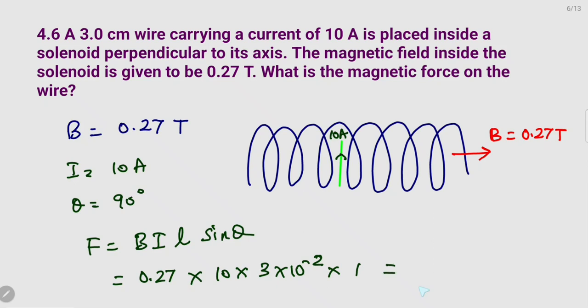That's it, it's a simple substitution. So you'll get 8.1 into 10 power minus 2 Newton as the force experienced by the current carrying wire.